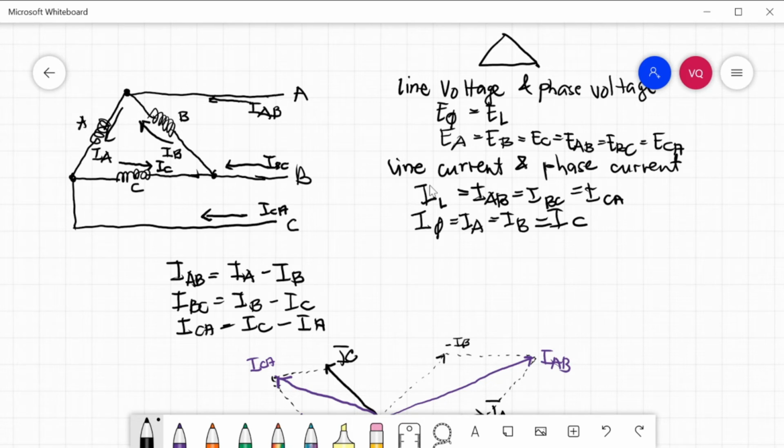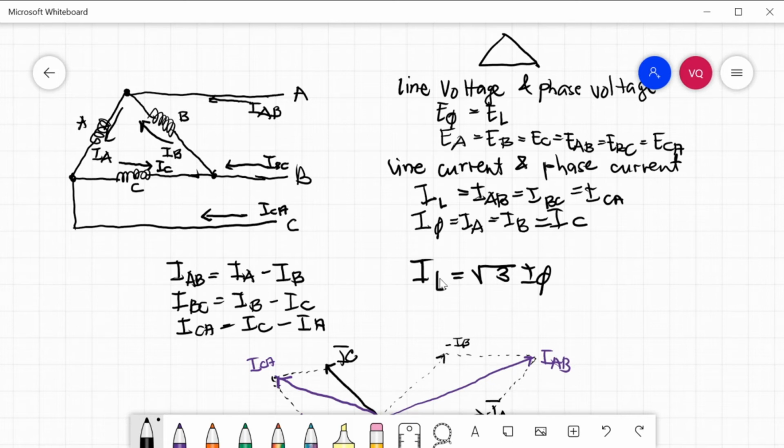While in current, the line currents IL are equal to IAB, IBC, and ICA, and the phase currents I phase are equal to IA, IB, and IC. Now the relationship of phase current and line current is IL equal to the square root of 3 times I phase.